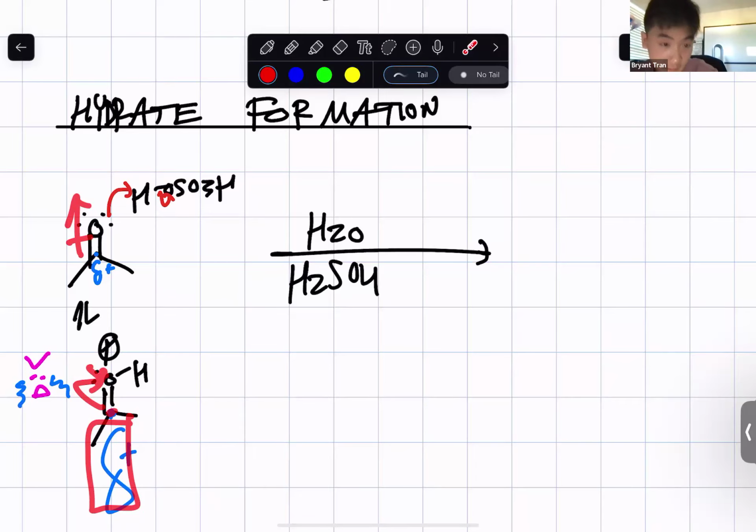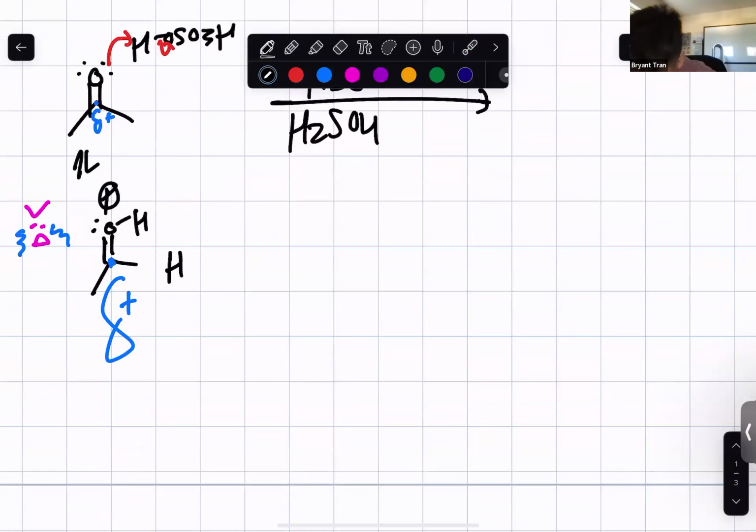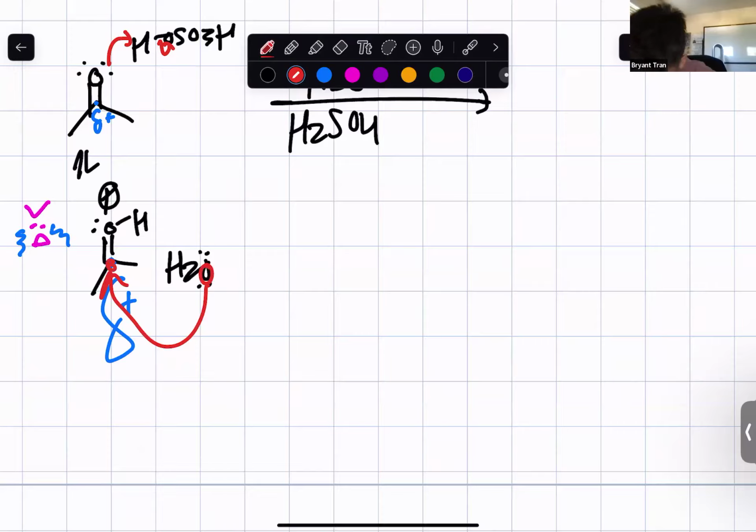And now because it's more positively charged, this water here is now able to attack the carbonyl carbon, making a new bond between this oxygen atom and the carbonyl carbon and popping the double bond onto the oxygen, leading us to this tetrahedral intermediate here, where we have a neutral OH.